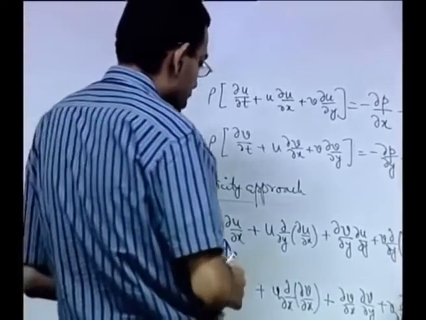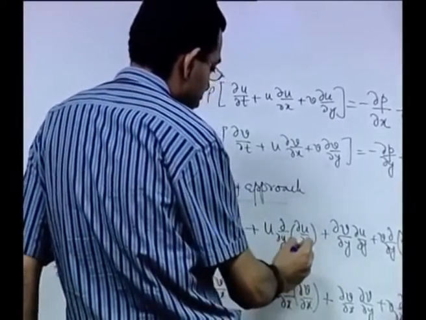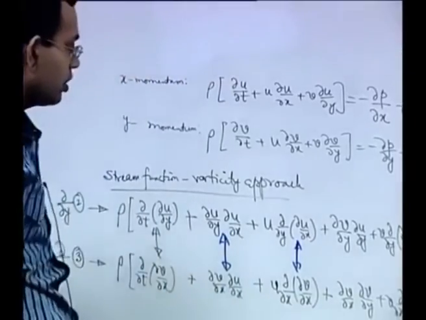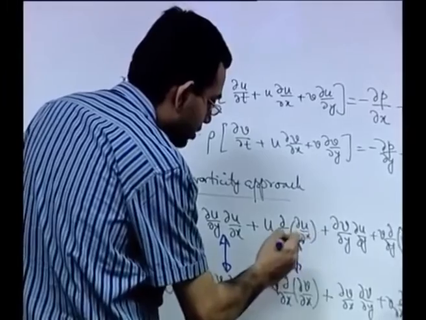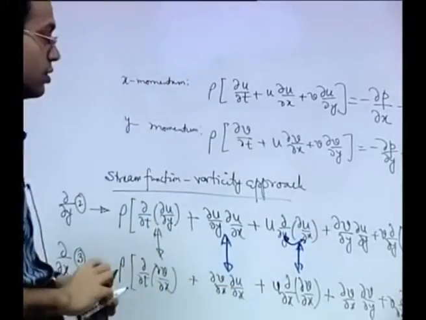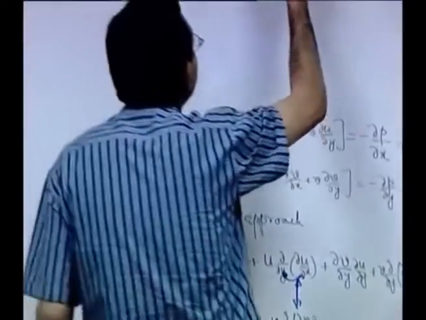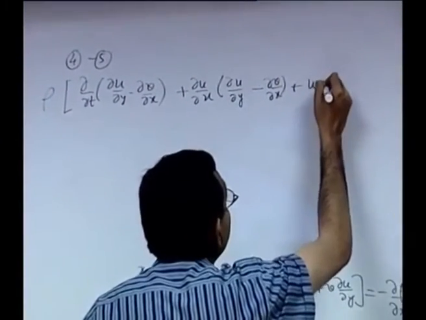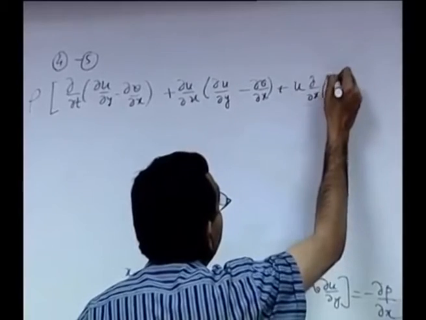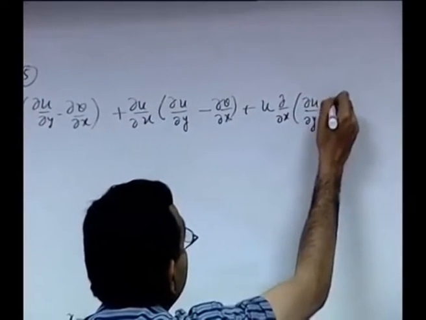Next, if you consider these terms, you can take u common and here you can swap the x and y, so that you can write plus u del del x of del u del y minus del v del x.